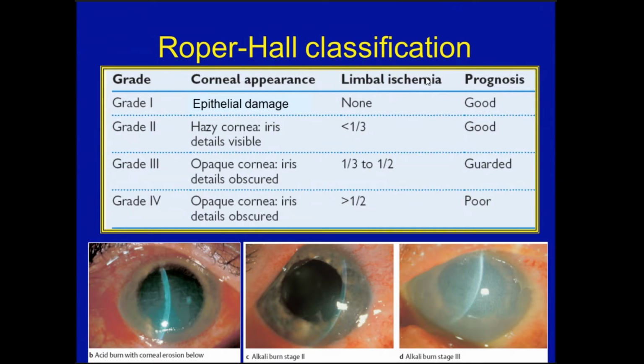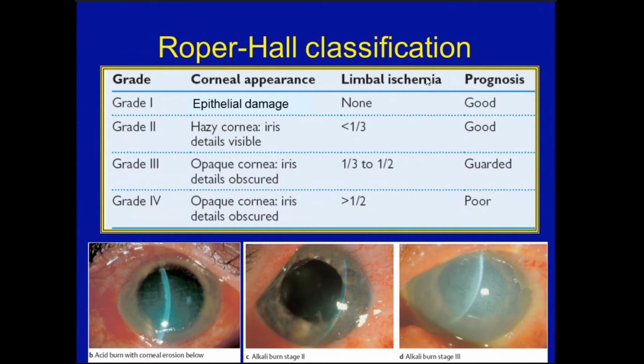Grade three: the cornea is opaque, the iris we can see, limbal ischemia is near half, and the visual prognosis is usually not so good.